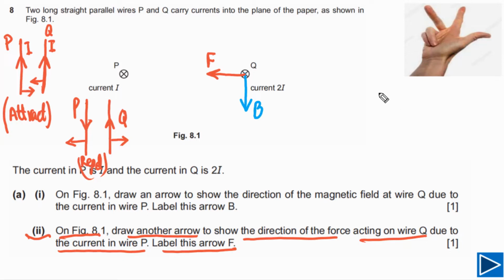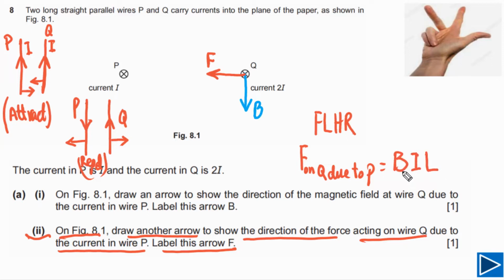Now let's try to understand how we can answer this question using Fleming left-hand rule. If we need to find the force on Q due to P, we have to use BIL. So B is the magnetic field due to P, I is the current in Q, and L is the length of Q. So B is the external magnetic field.